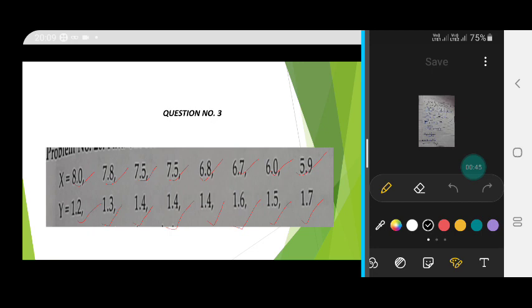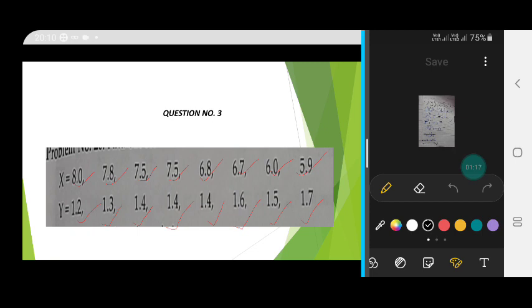In the last two questions, we have been given X series and Y series in the form of a table. Okay, a two columnar table had been given there, whereby the X series and the items under the X series and Y series and the items under the Y series had been written. In this question, what's the difference? We haven't been given the question in tabular form. We just have been given the question randomly.